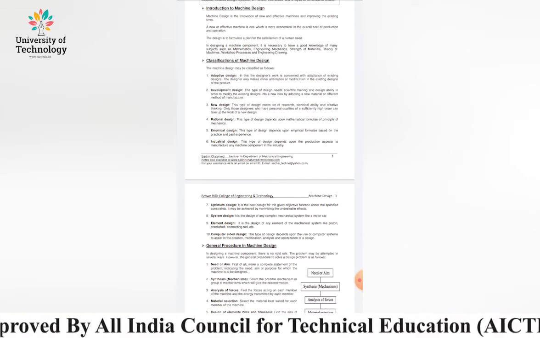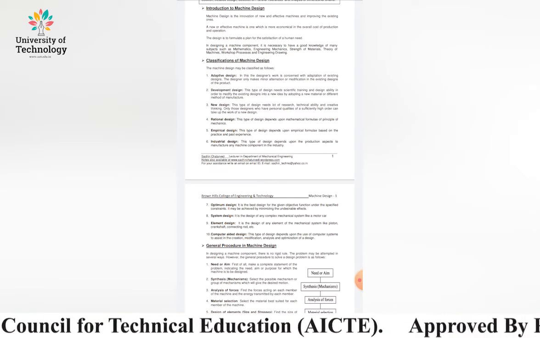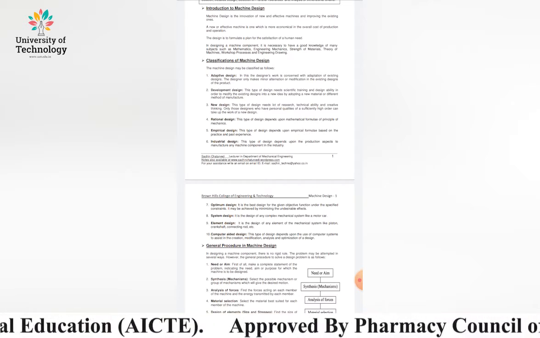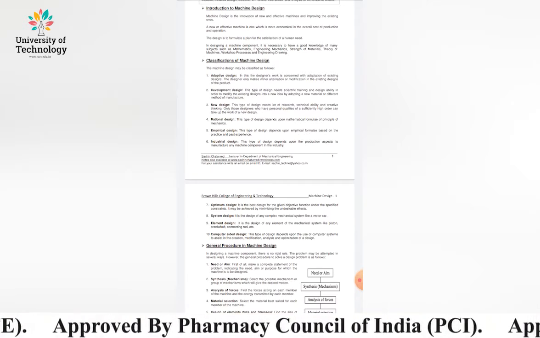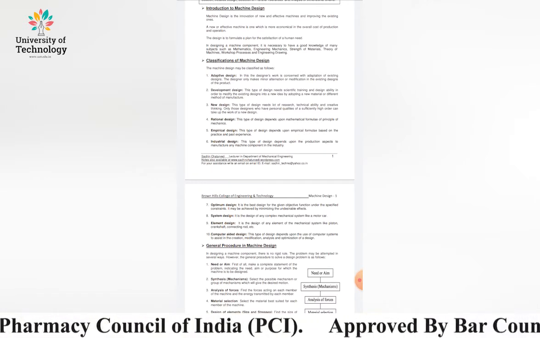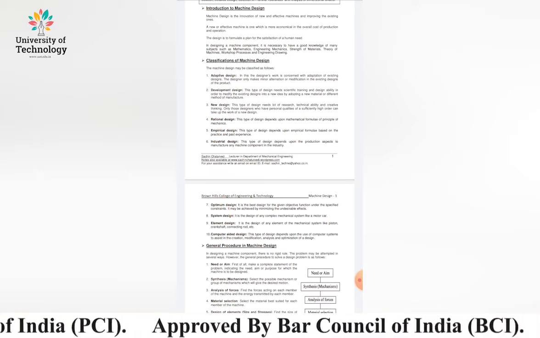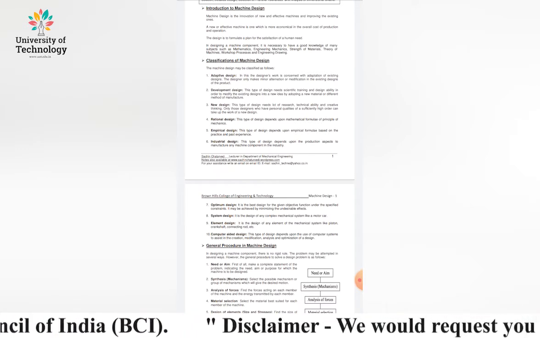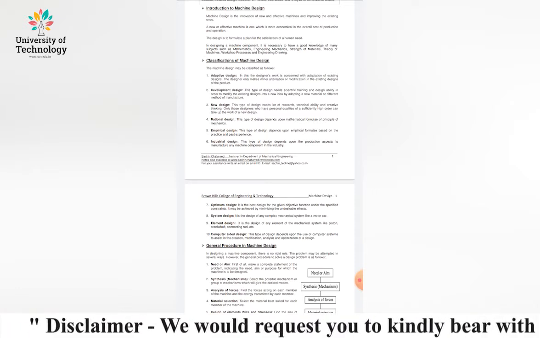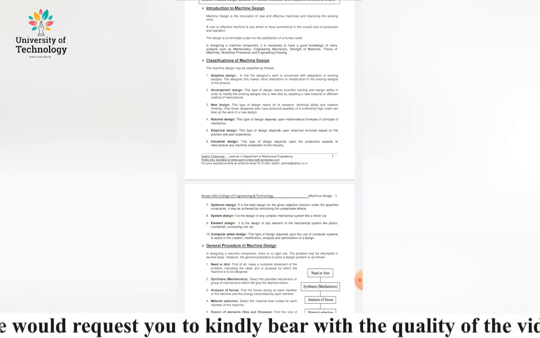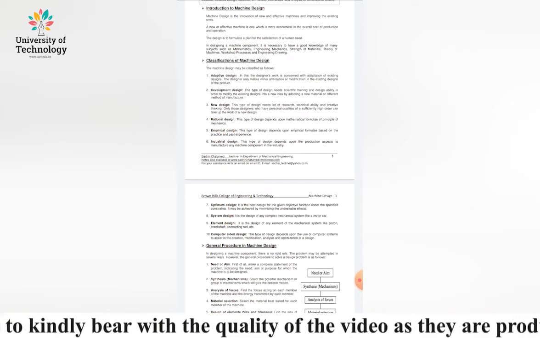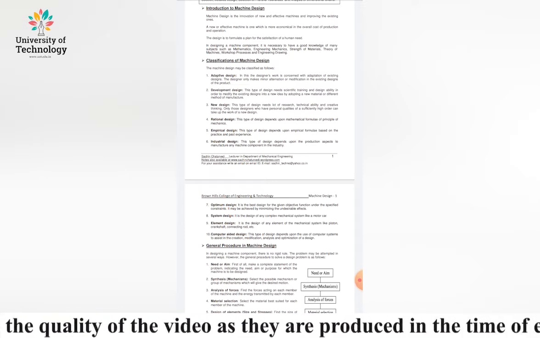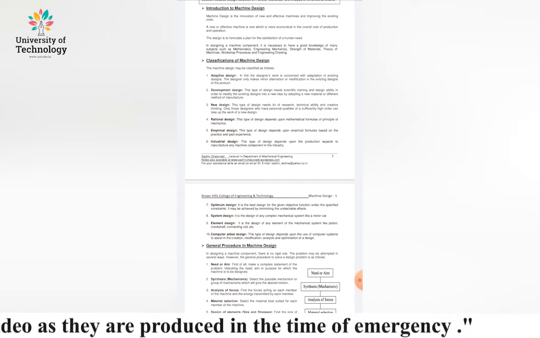Classification of machine design. The machine design may be classified as follows. The first is adaptive design. In this, the designer's work is concerned with adaptation of existing designs. The designer only makes minor alteration or modification in the existing designs of the product.